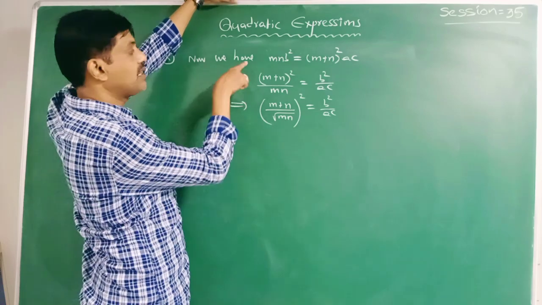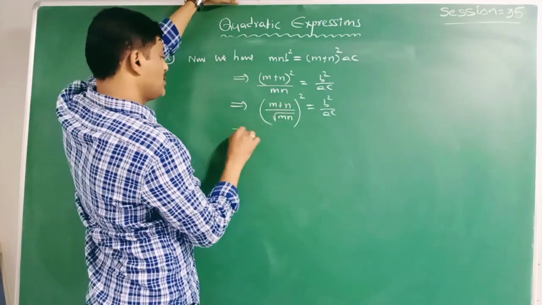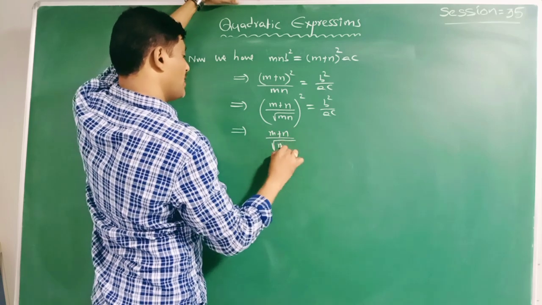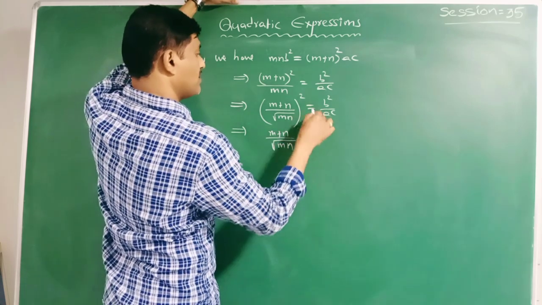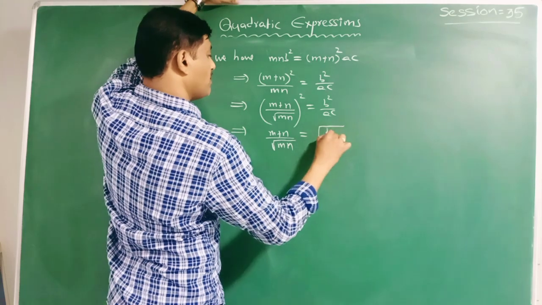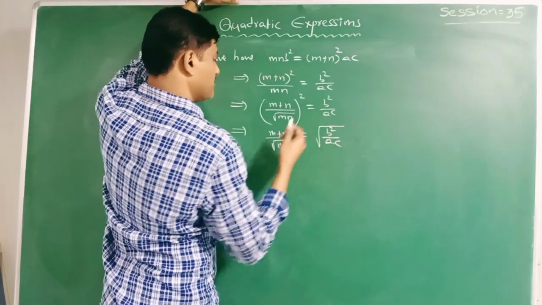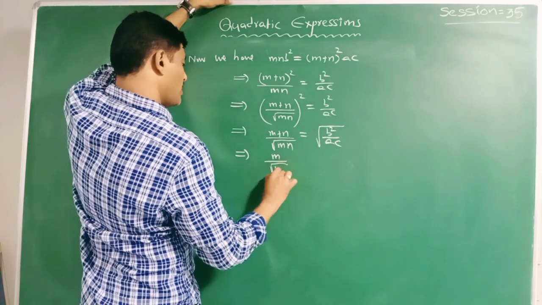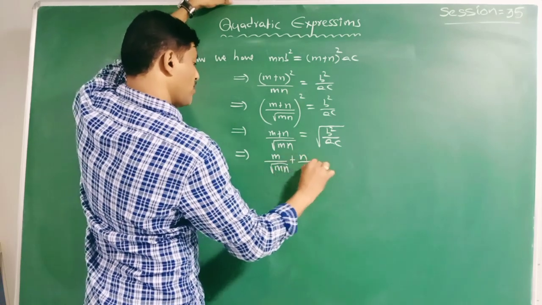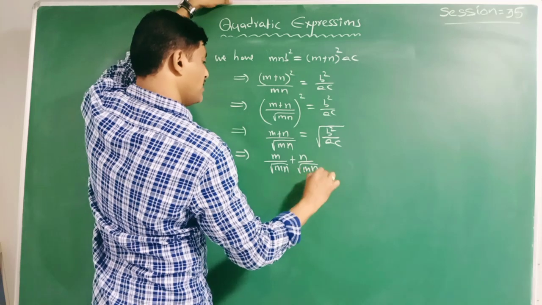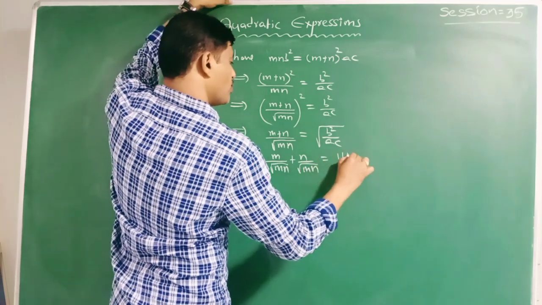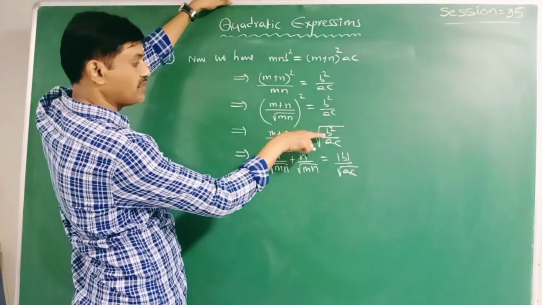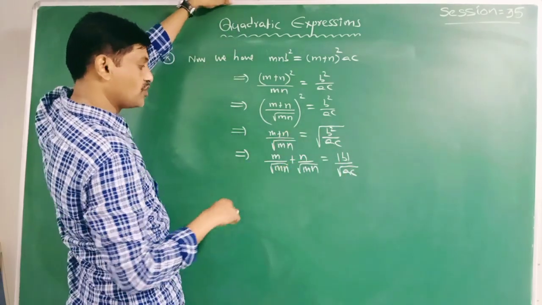Sometimes they will ask like this: m plus n by root over mn is equal to the square root of b square by ac. Now we can write m by root over mn plus n by root over mn is equal to modulus of b by root over ac. Square root of b square will become modulus of b.